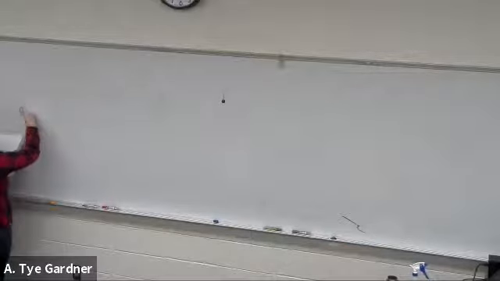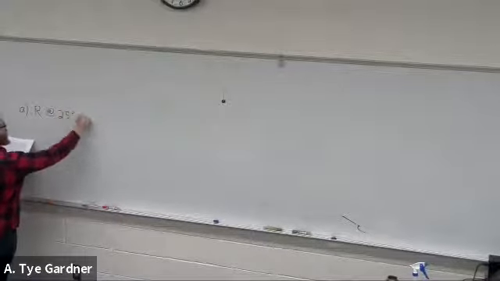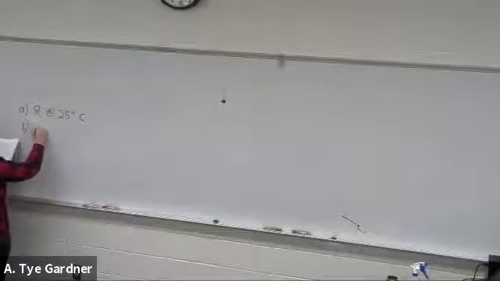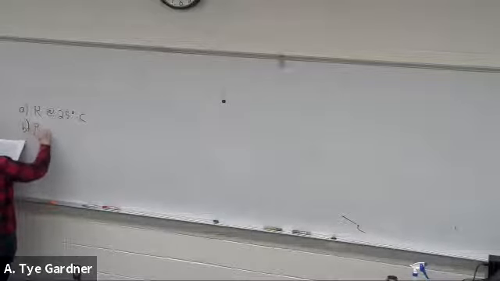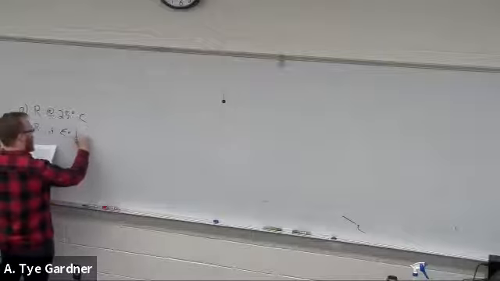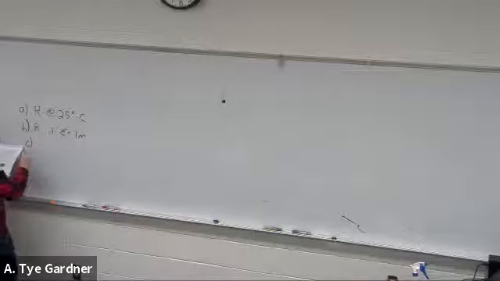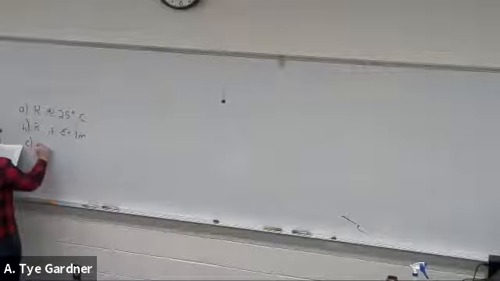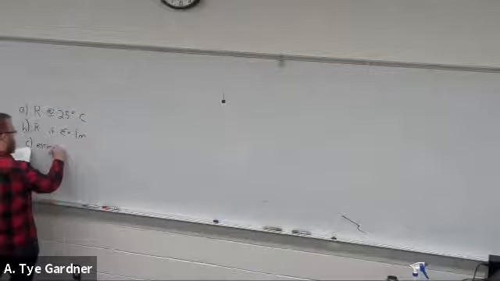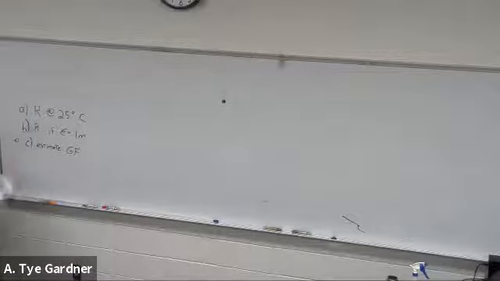For A, we need to find R at 25 degrees C. For B, we need to find R if the strain epsilon is equal to 1 milli. And for C, we're going to estimate the gauge factor. I haven't done this part yet. We'll see how it goes.